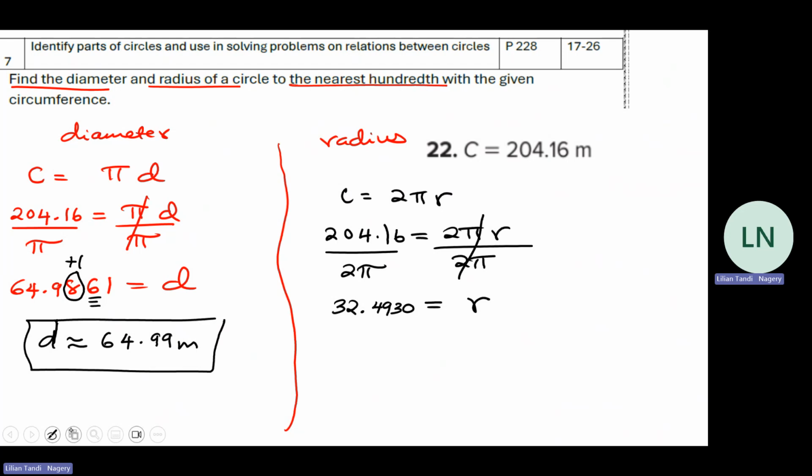Circle the second digit after the decimal, which is 9. Underline the digit after the circle. Are you adding? No. Why? Because 3 is not 5. So we cannot add. So radius is approximately 32.49 meters. Okay?